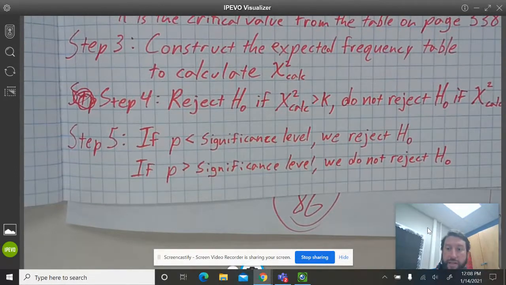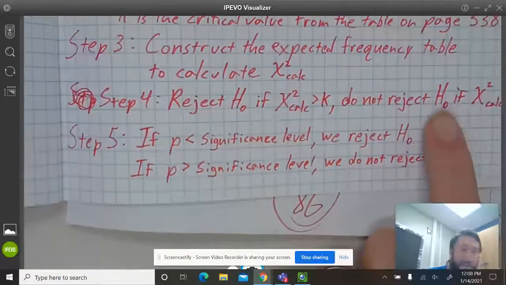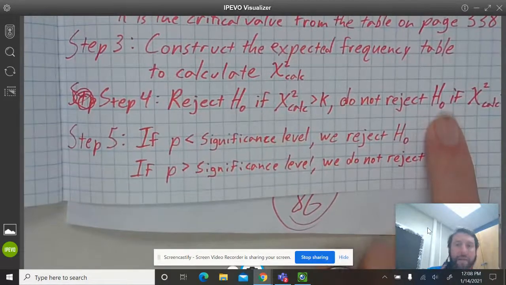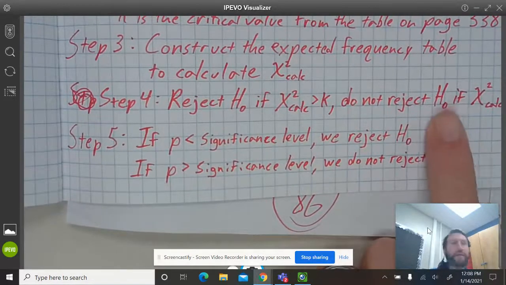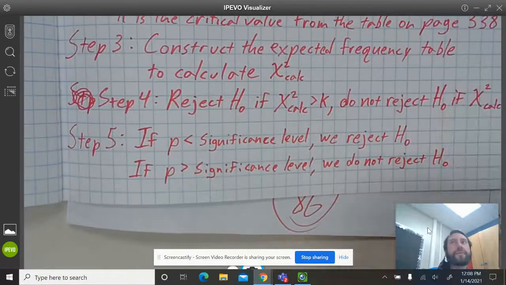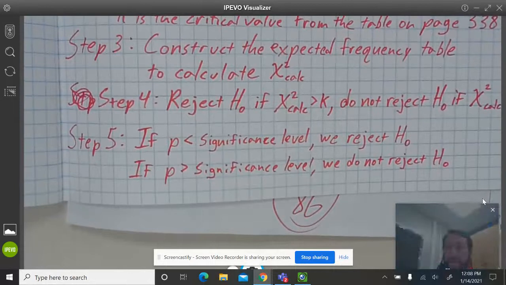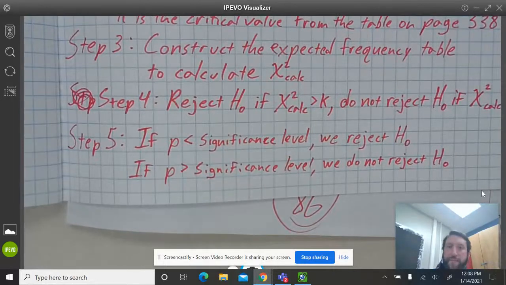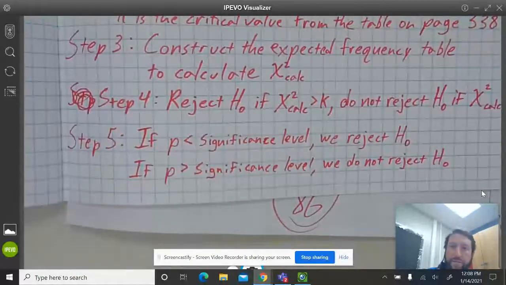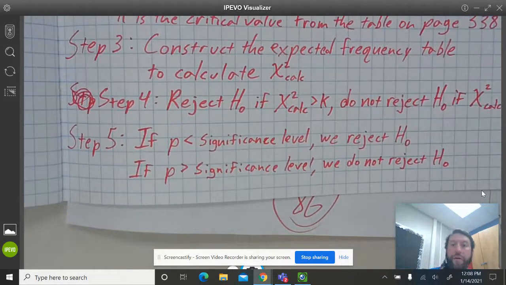You either reject it or you don't reject it. You never say I accept H null, because you could be missing some data. More to the point, there's a certain chance that even though it's within a certain parameter, it may not be totally accurate. So you simply say you do not reject H null, because later on you might end up rejecting it.